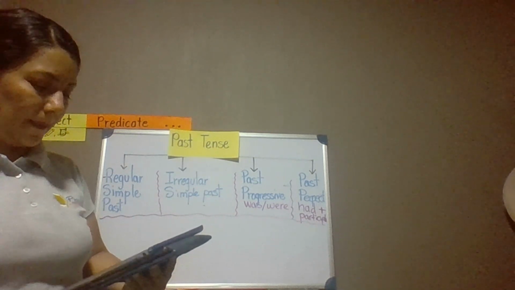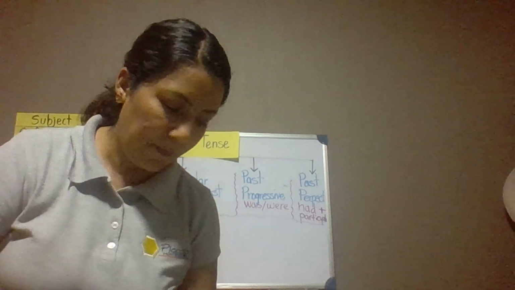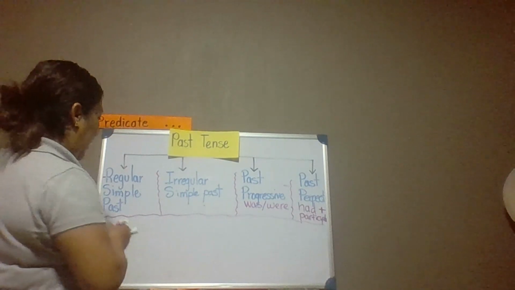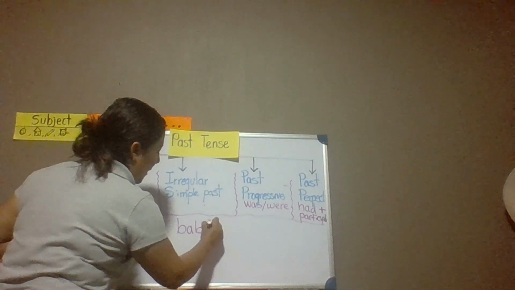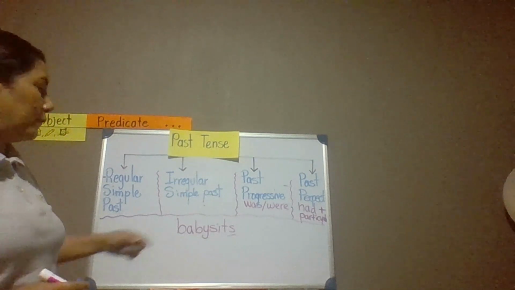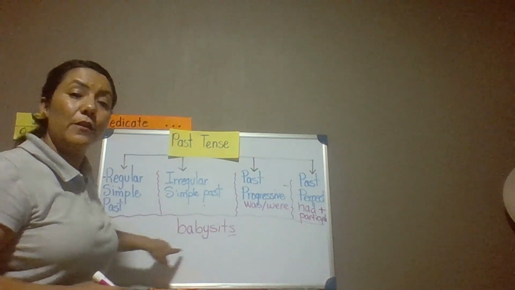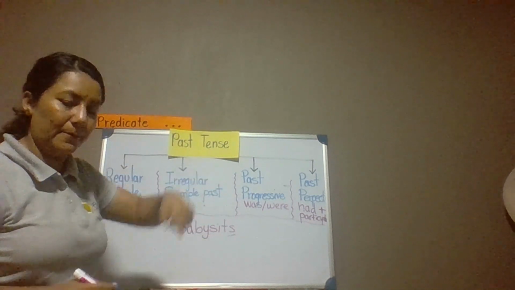Priya babysits her sister when her parents were at work. Again, babysits. What tense is that in? If there's an S at the end of the verb, that means this verb is in present.